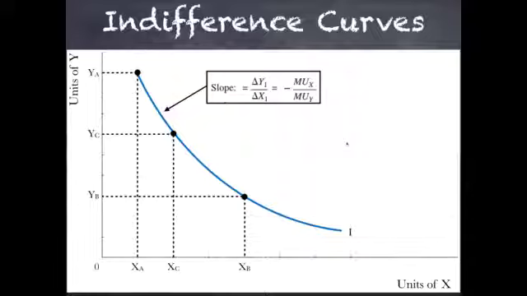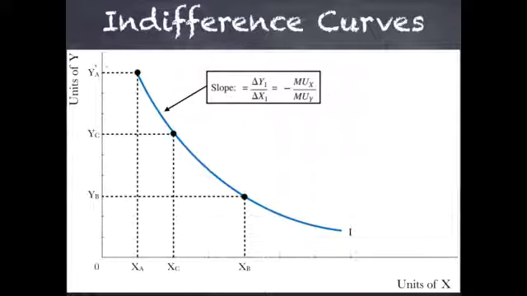The thing to remember is that the slope of this line is the change in Y over the change in X. And that is the marginal utility of X over the marginal utility of Y. So it's negative the marginal utility of X over the marginal utility of Y. So make sure you remember what the slope of the indifference curve is equal to, because we're going to be using that with the budget constraint to show that principle of equal marginal utilities per dollar.